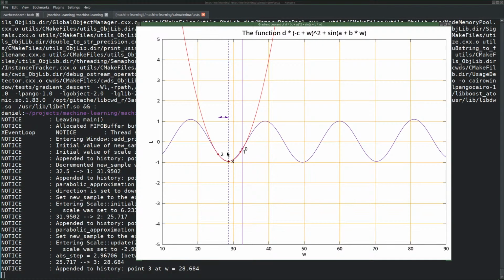Okay, so now the vertex jumped, but the dash line, that is. But this line is still here. Why? That line should be on the other side of this arrow, which is set correctly.